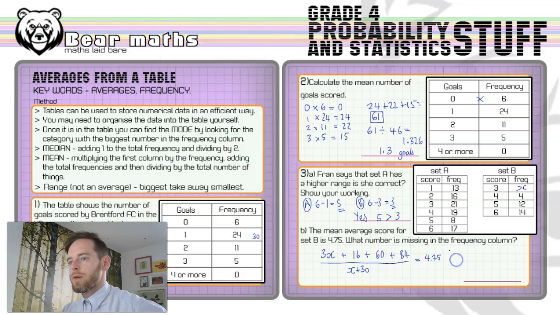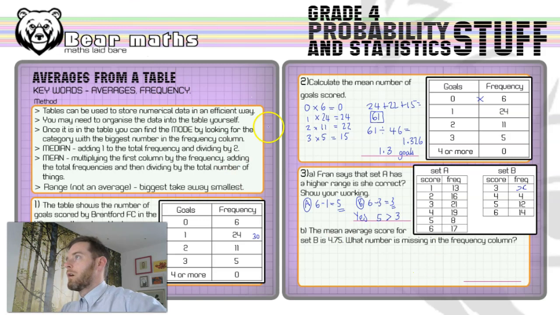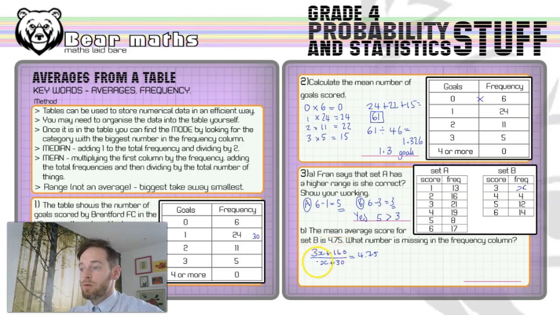So we've got 3x plus 160, over x plus 30, which is equal to 4.75. This is our total number of things divided by the total frequency.